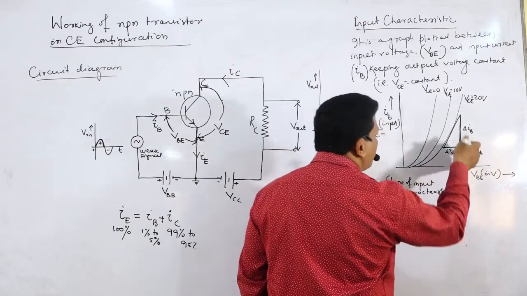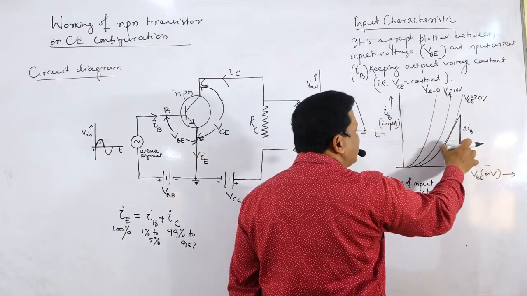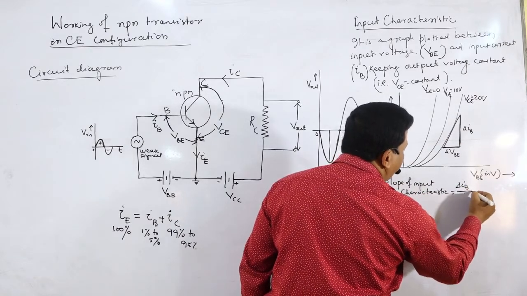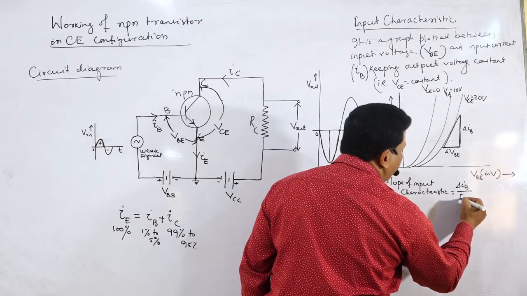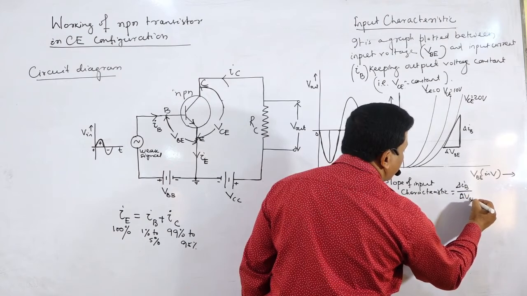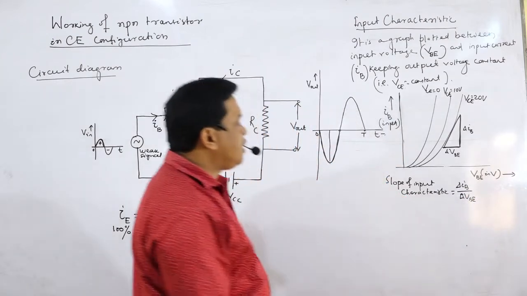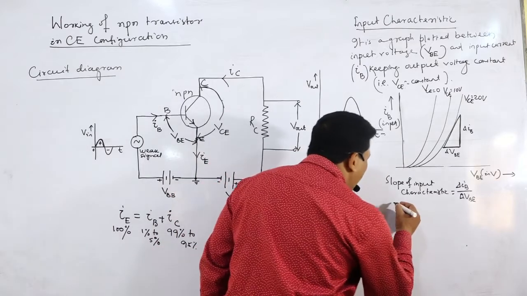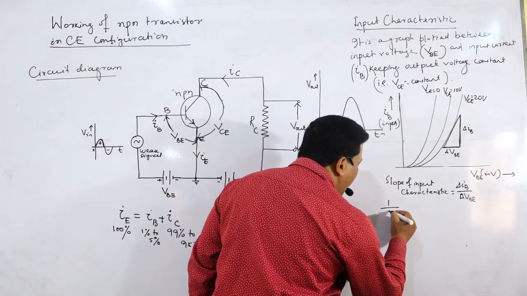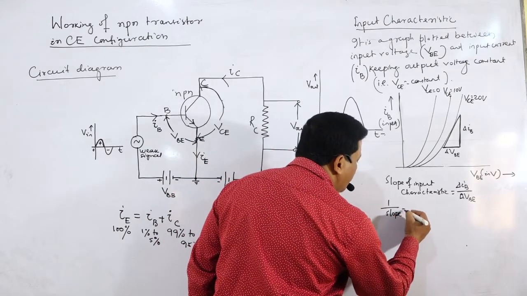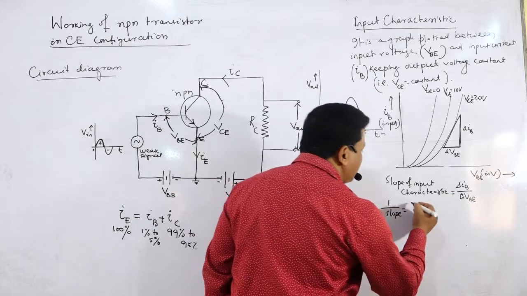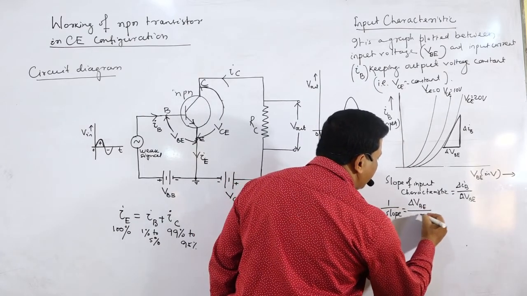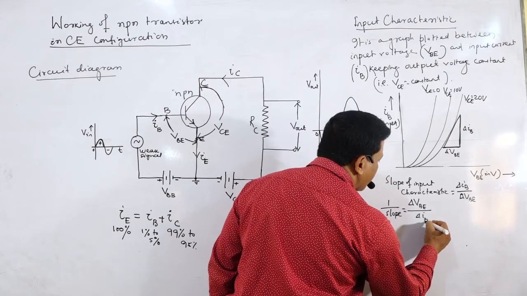So slope, as you know, is change in y coordinate by change in x coordinate. So here it is delta IB by delta VBE. This is the slope of the input characteristic. Now its reciprocal, 1 by slope of input characteristic, is equal to delta VBE by delta IB.